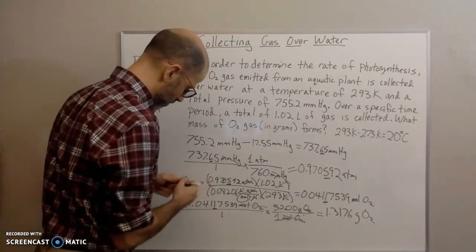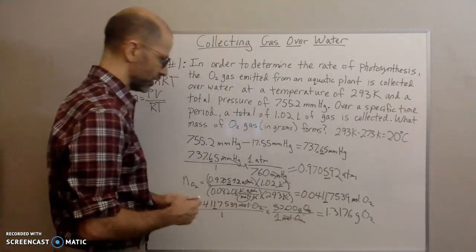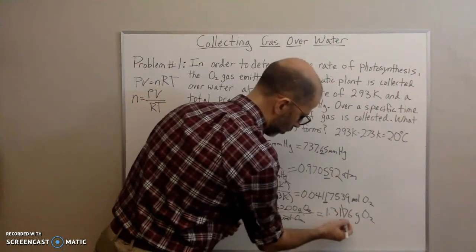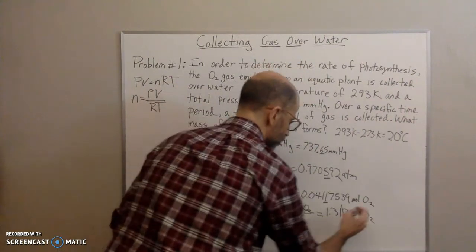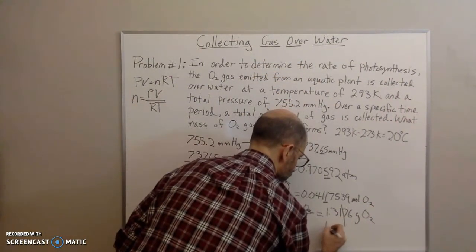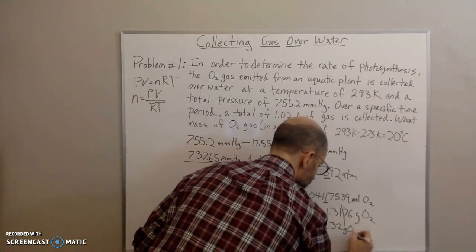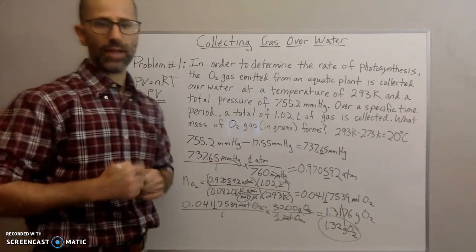So here I have 3 sig figs. Here I have 4, so the least number is 3. So I'm going to cut it off after the 1. I have a 7 here, so that has to go up to a 2. So the final answer is 1.32 grams of oxygen. So that's the number of grams of oxygen.